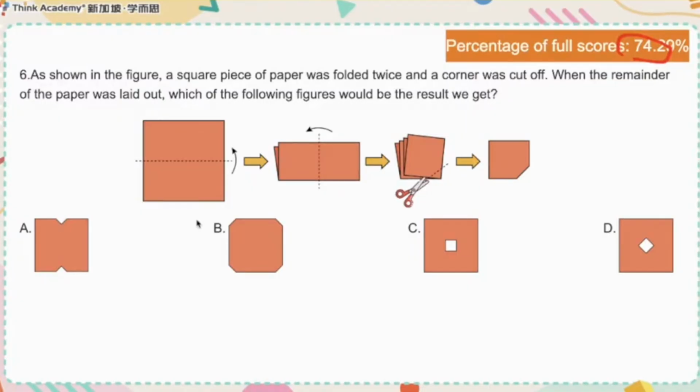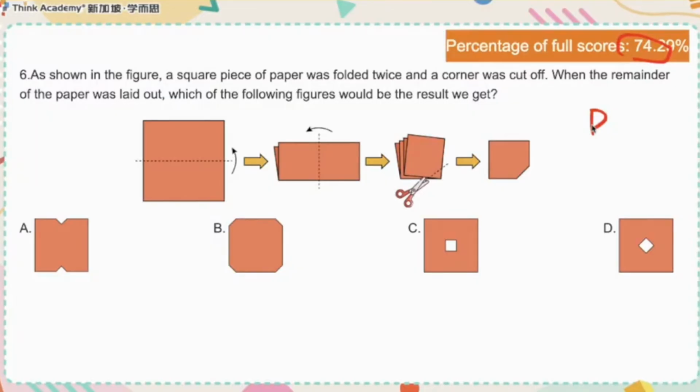Okay, let me fold it. Then I cut the corner. Then unfold it. Don't you see? How does it look like? Can you see me? Okay, so which one is the correct answer? Yeah, that will be option D, right? Do not tear your own paper, okay? Teacher Jane doesn't really have paper, so I have to do this.